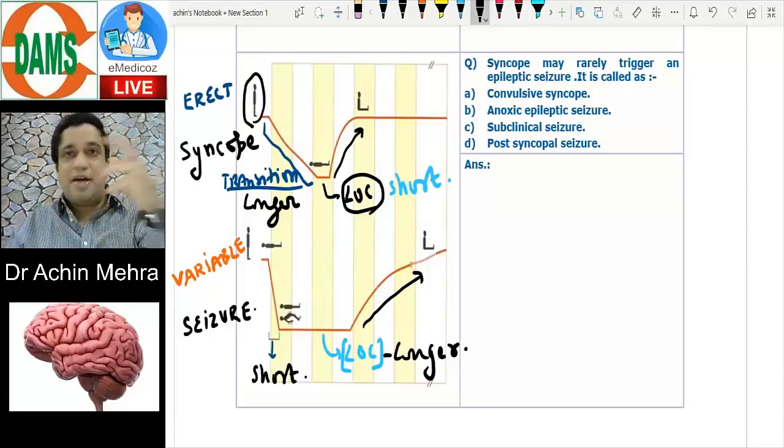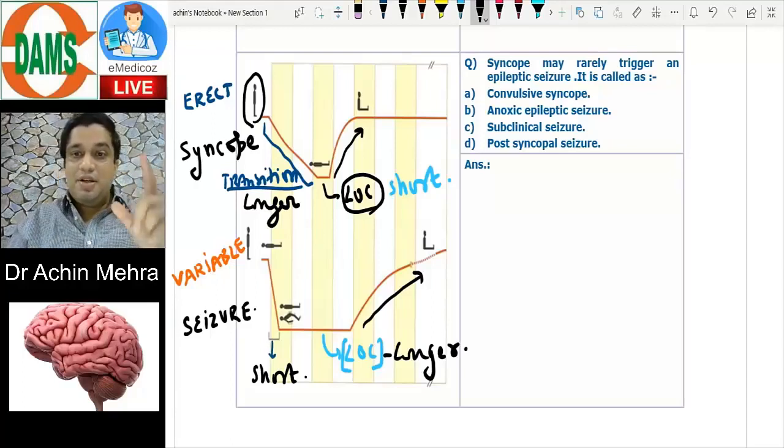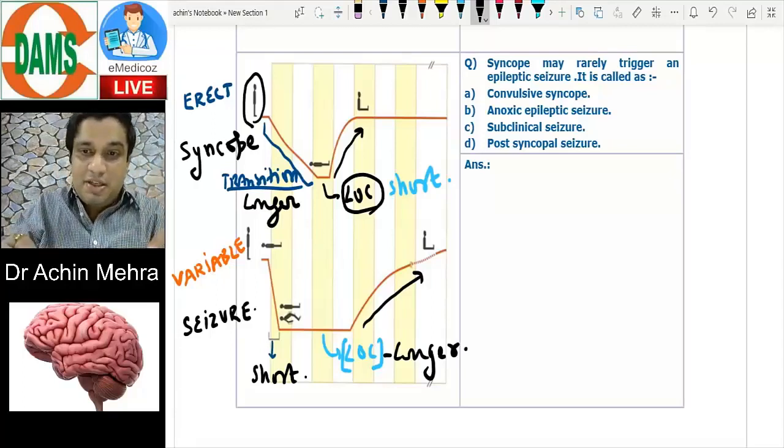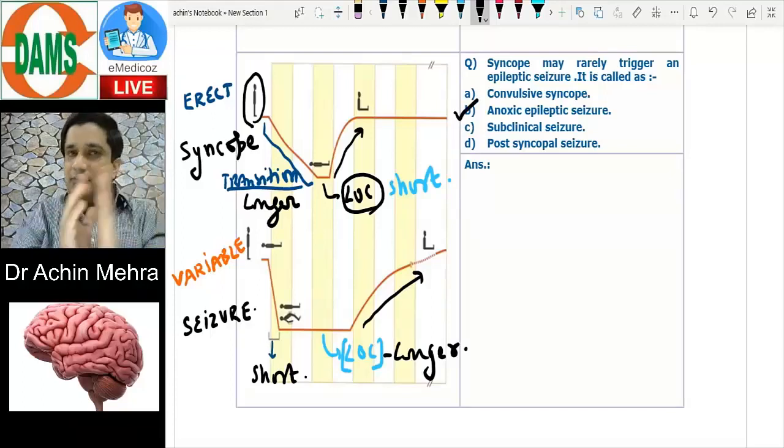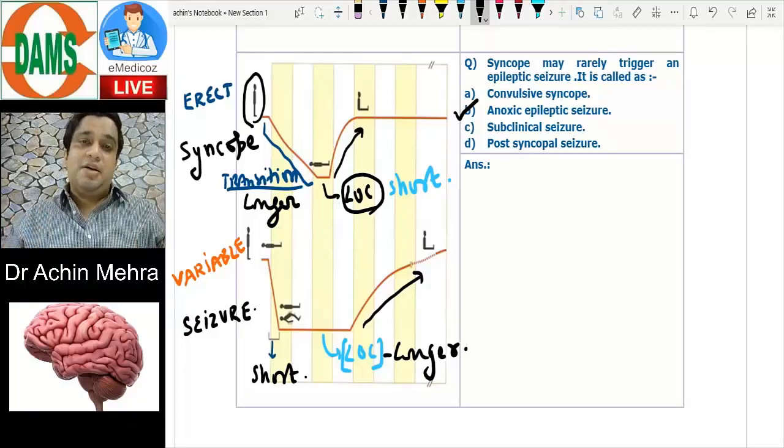He might have a background history of some autonomic instability, that's why he was not able to maintain the blood pressure, and that has led to a syncopal attack and has also caused hypoxic injury in the brain. So please, your answer should be anoxic epileptic seizure because it has occurred due to anoxia, but it was just triggered by a syncopal attack, because during the syncopal attack there was a decrease in the blood pressure and finally anoxic injury.